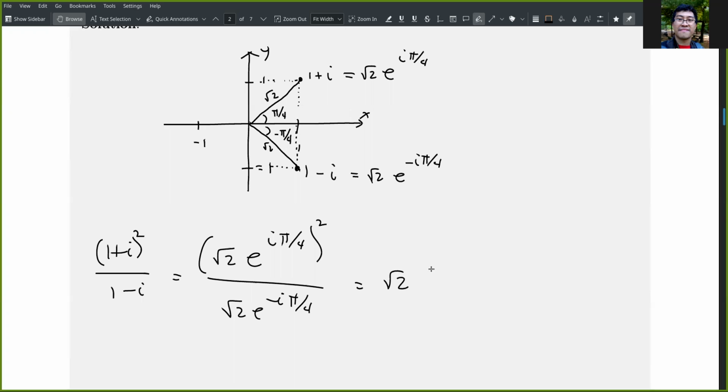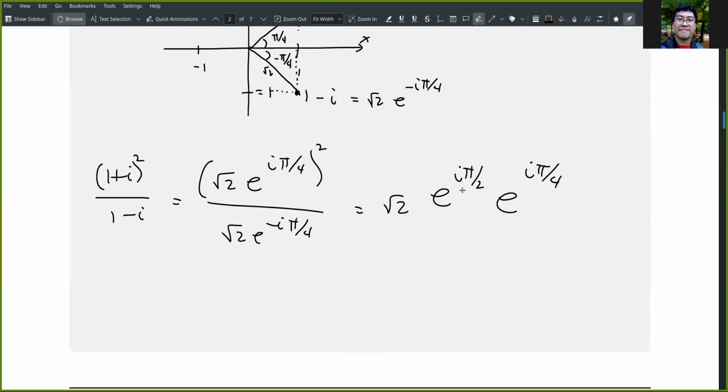The numerator is e to the i pi over 2. And the denominator, you bring that on top, that's e to the i pi over 4. So pi over 2, or 1 half, plus 1/4, that's 3/4.